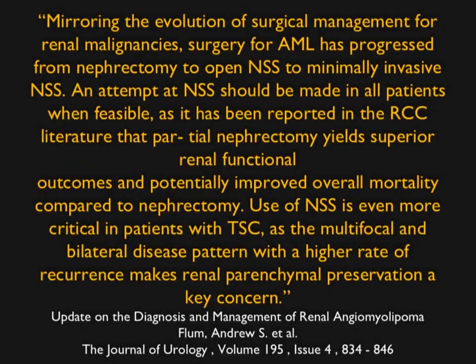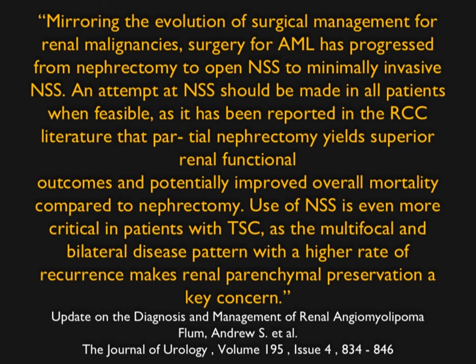The question is, how do you manage it? And again, it's an individual patient. If they're experiencing symptoms, anxiety, if the vascular components are large, perhaps at 4 cm you should operate. But if you're operating, do nephron-sparing surgery. Partial nephrectomy works well. Some people have used embolization. That works well. So again, it becomes a very important management decision.